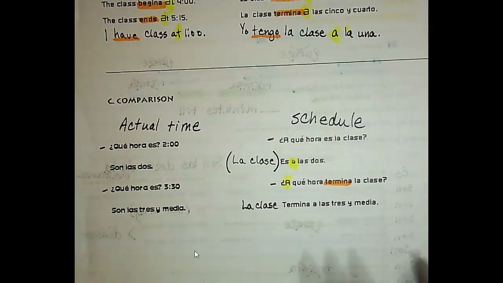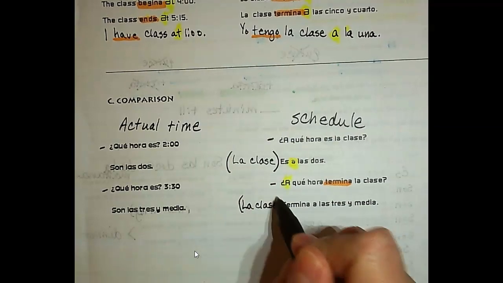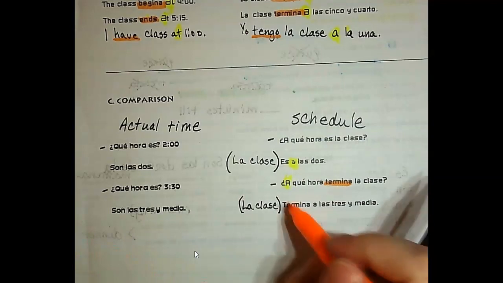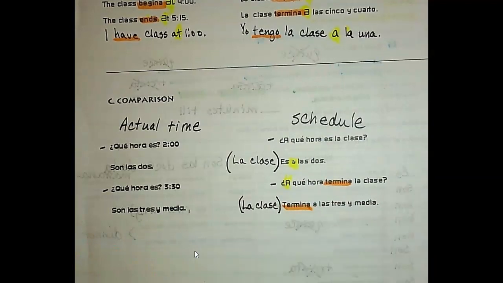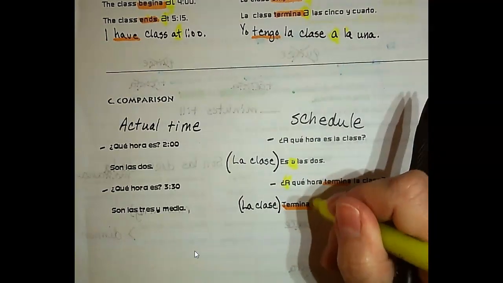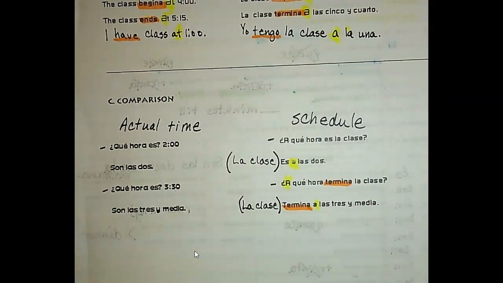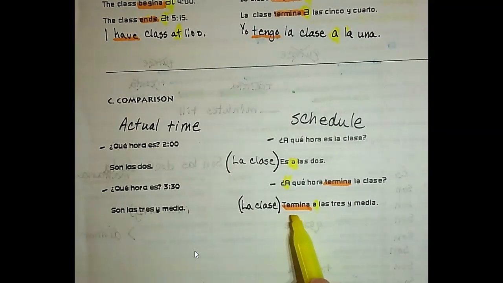Well, we're going to say the class ends. La clase, you could have skipped it. You could have just started with it ends. And don't forget, it is at las 3:30, not son las 3:30. That would be, it is 3 o'clock, right? Not it ends. We don't want to say it is, we want to say it ends at. So we're going to have a.